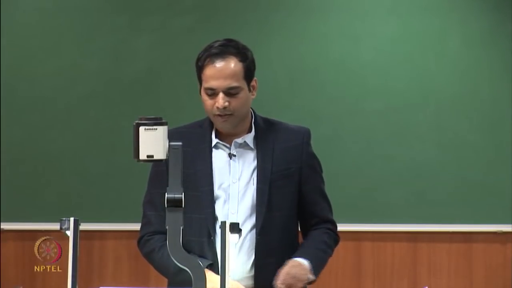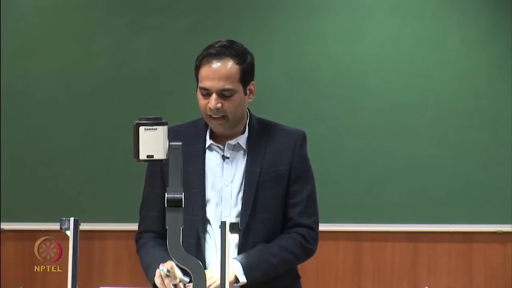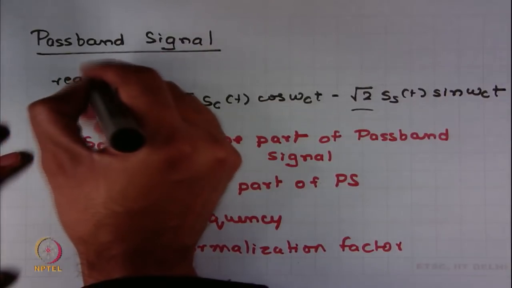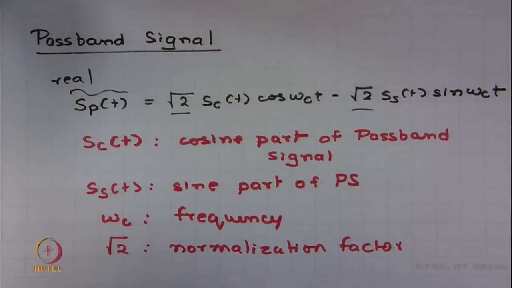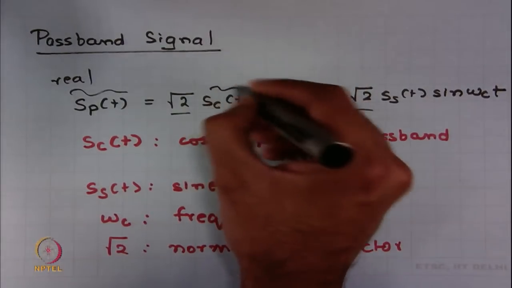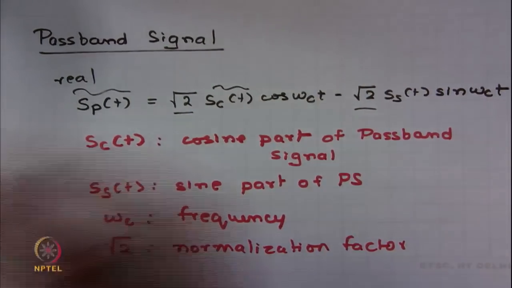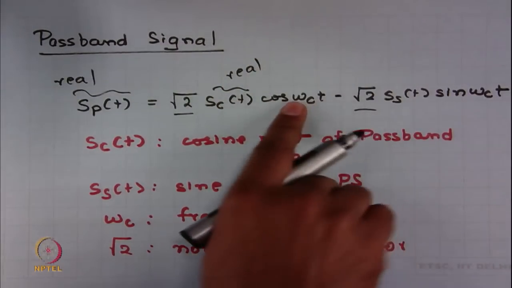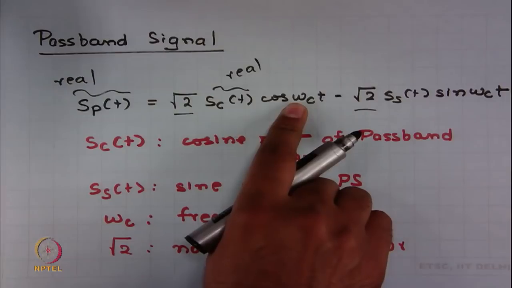Now, just a reminder, S_P(t) is a passband signal, it is a real signal. It cannot be complex because it is a physical signal. We have said any physical signal has to be a real signal. So, S_P(t) is a real signal, and we will always assume it to be a real signal. S_C(t) is also a real signal, because it is multiplied with a real signal, cos omega_c t.